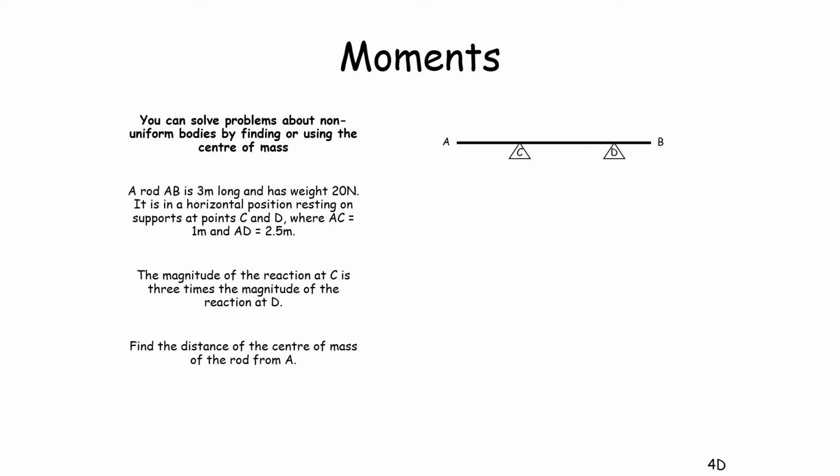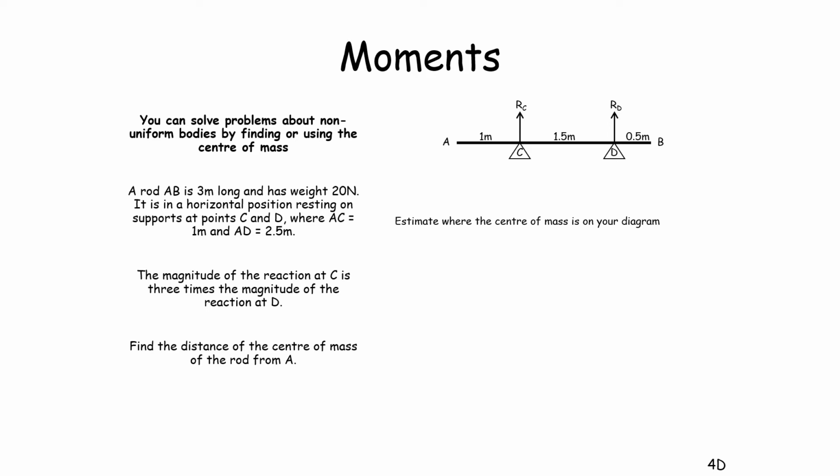We start off by drawing a nice big clear diagram and putting all the forces in. 1 meter from A to C, 1.5 meters from C to D, 0.5 meters from D to B, normal reaction at C, normal reaction at D. Now we're going to estimate where the center of mass is on the diagram. Where do you think it might be?